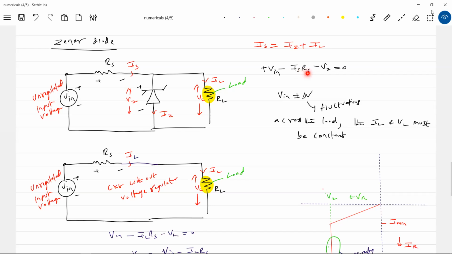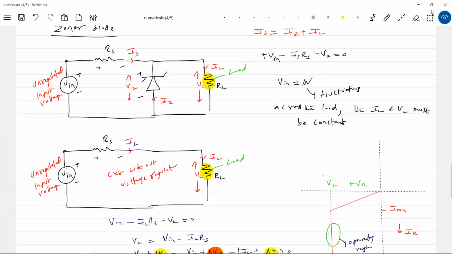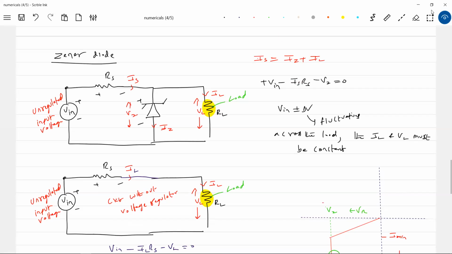RS is a constant. And VZ will remain constant. Don't say VZ will change. Why would VZ change? VZ will not change. If IS increases, IZ will increase, keeping IL constant. So what are the variable things here? If you put an arrow, if IS increases, IZ will increase, keeping IL constant.